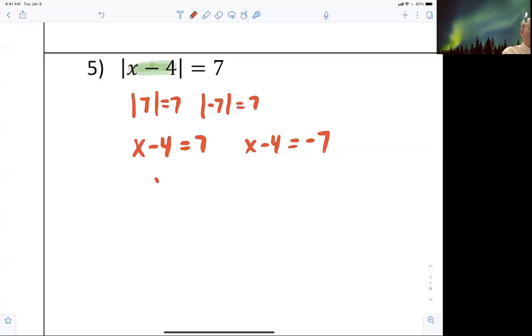So X could either be what? It could be positive 11 or negative 3. That is the correct answer. So when you're solving an absolute value, you set what's inside the absolute value equal to 7, and then you set what's inside the absolute value equal to negative 7. And that's how you're going to solve these things.